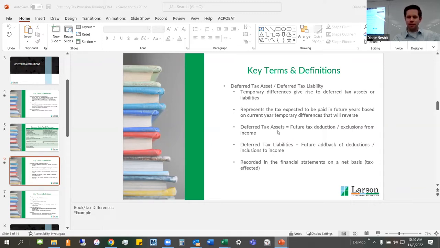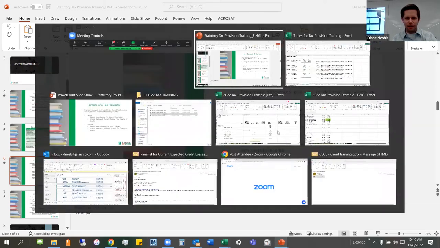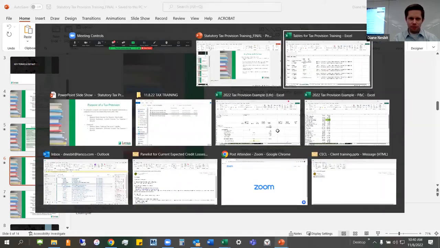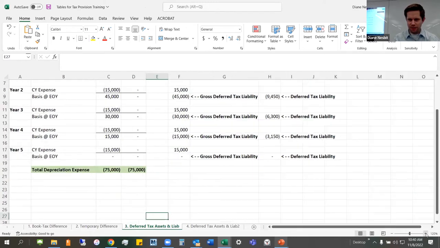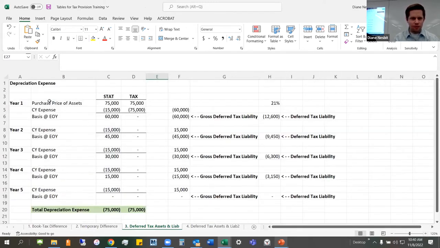The spreadsheet. These examples. Let's see, I'm in here. All right, so this is the same example as before, now just to bring that terminology to an example.